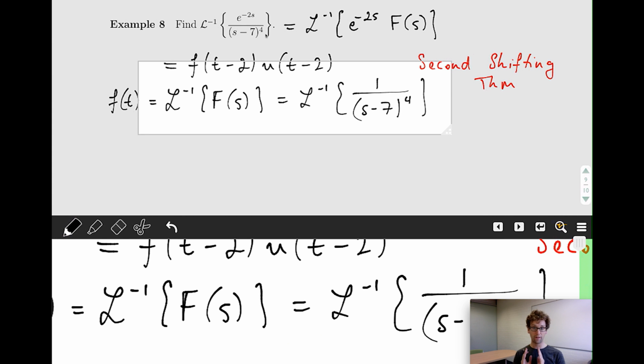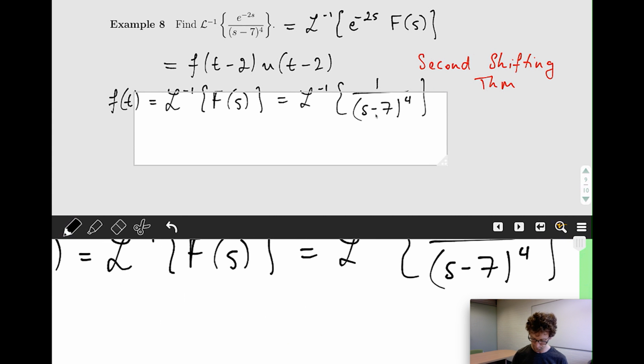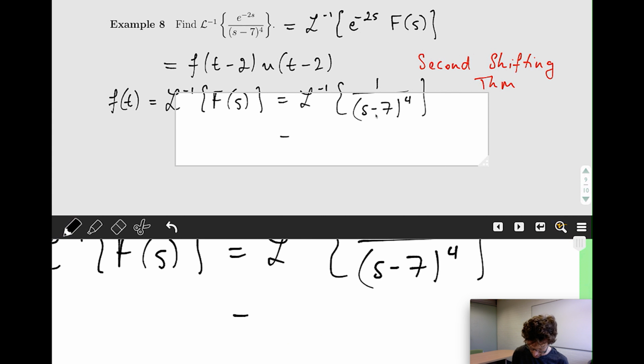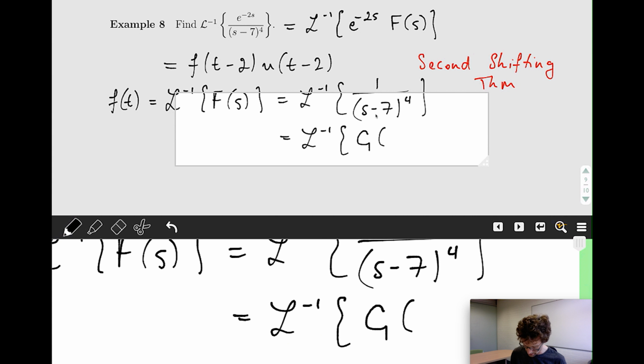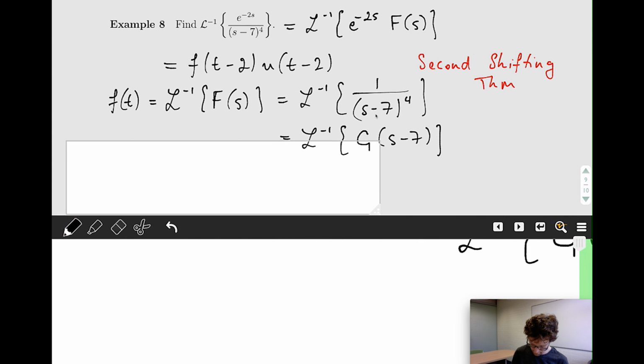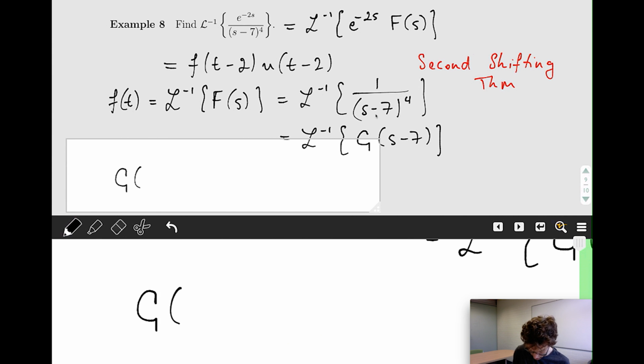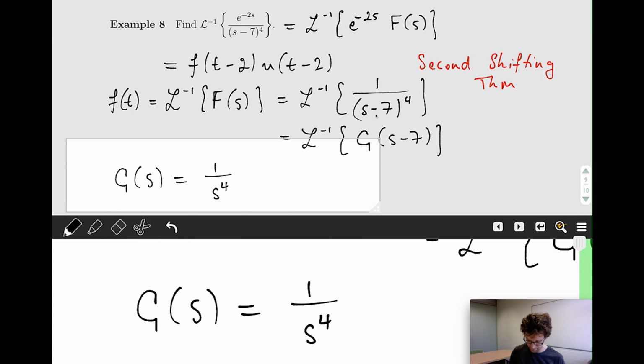This is where the first shifting theorem comes in, because we notice that this looks exactly like a simple function of s that's been shifted. So let's write this as the inverse Laplace transform of, let's introduce a new function, big G of s minus 7, where G is the unshifted function. So that would be 1 over s to the power of 4.